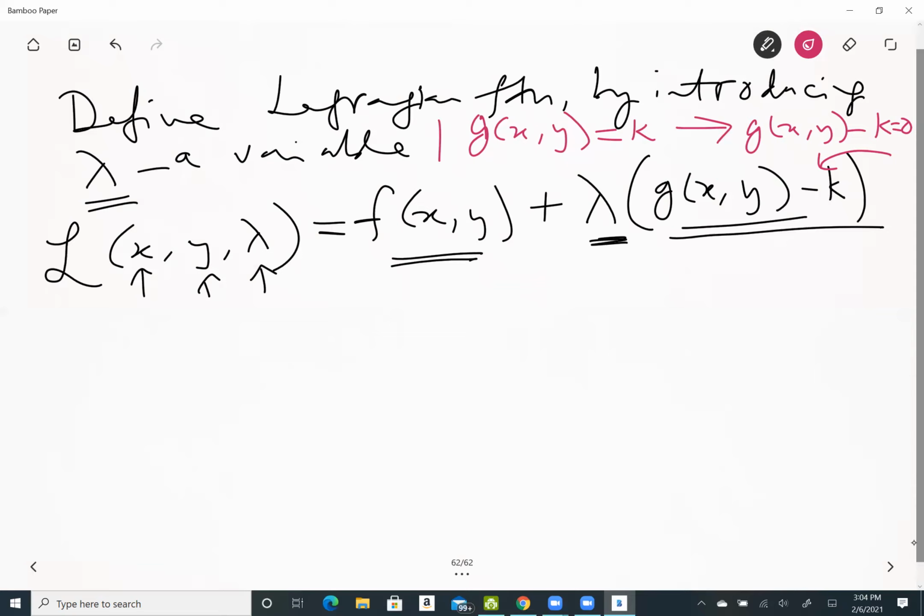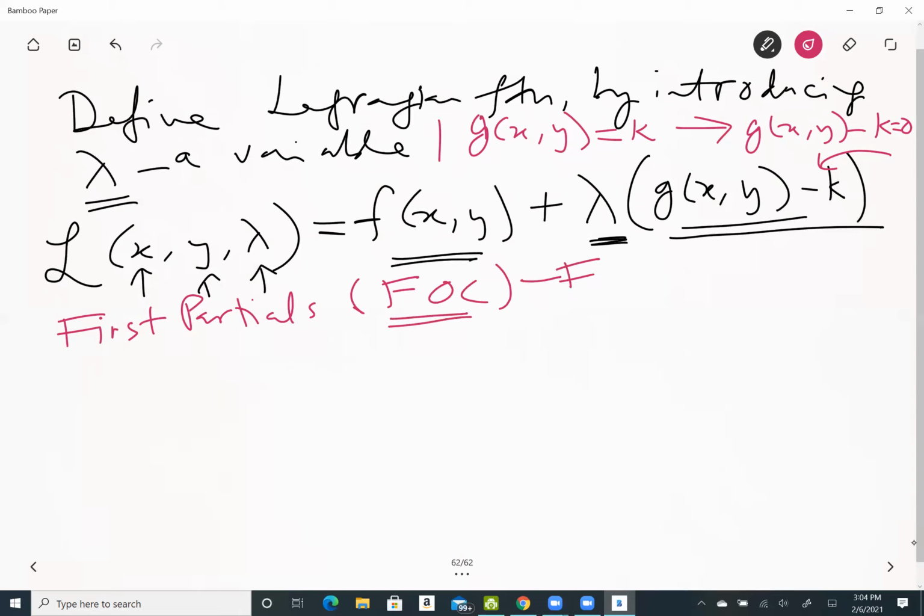What you need to do first is get the first partial derivatives. We call it FOC, which means first order conditions. It's just like critical point.